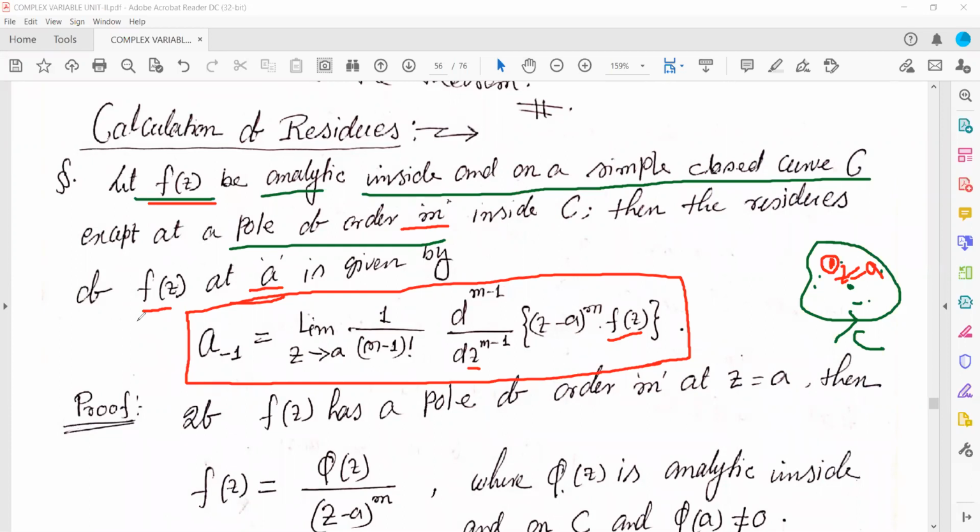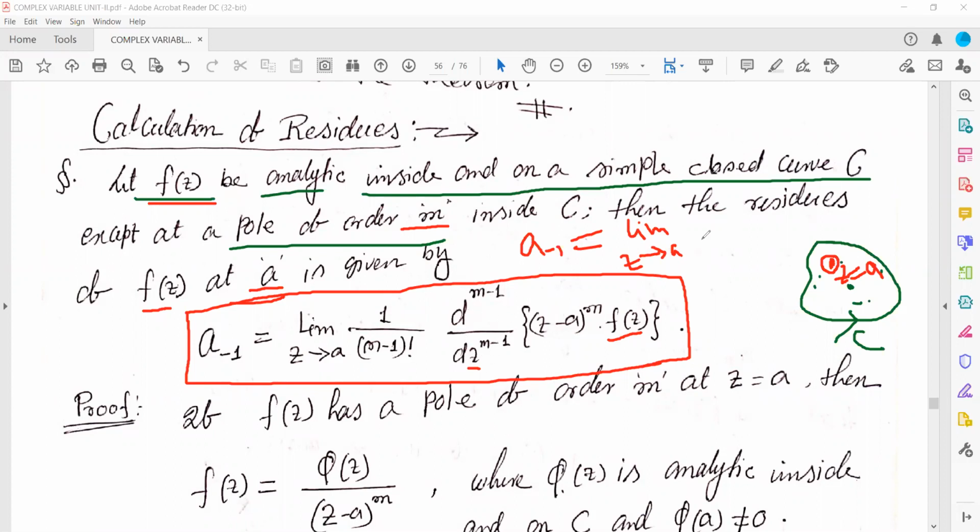So suppose your order is 1, that means m is equal to 1. Then a minus 1 will be equal to the limit as z tends to a. Since 1 minus 1 is 0, the factorial of 0 is 1, and there will be no derivative.